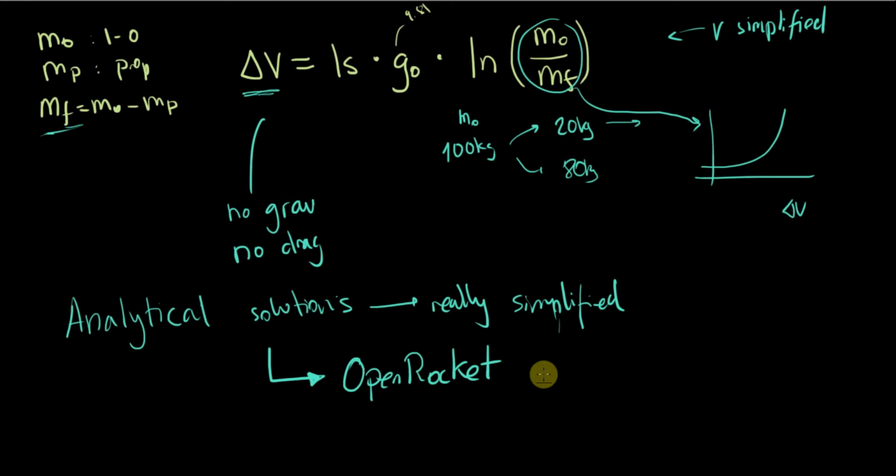Before you program your own simulator, which is something you're gonna have to do if you want to properly design your rocket and understand its stability, the trajectory. So this is nice because it's really fast to get a feeling of which rocket you're gonna need to reach a certain altitude.